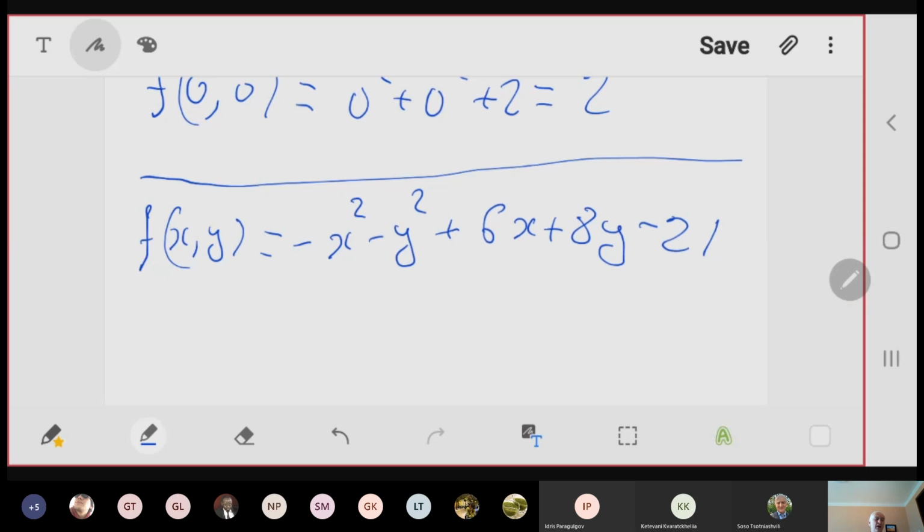A function may have one local extremum or more. So we will follow our algorithm, and first is to find the first order partial derivatives.